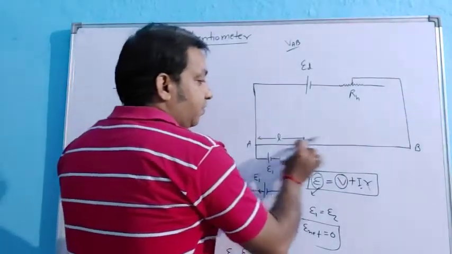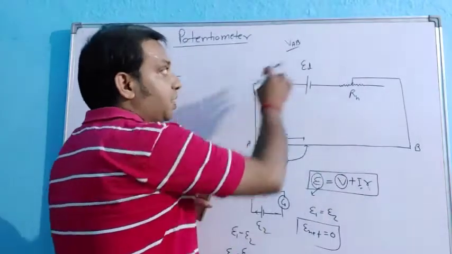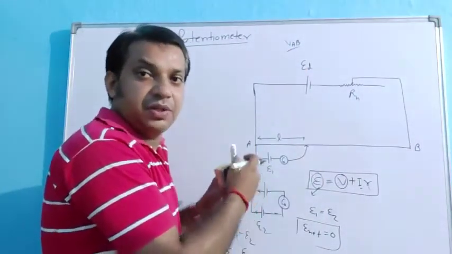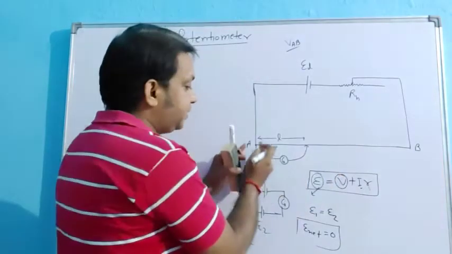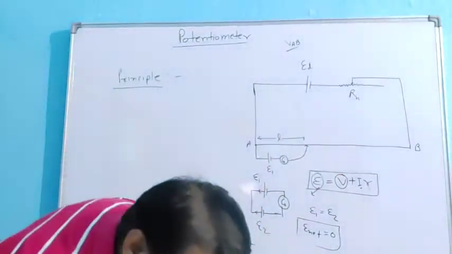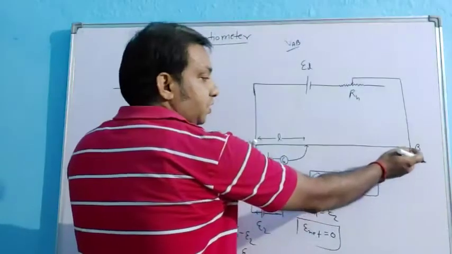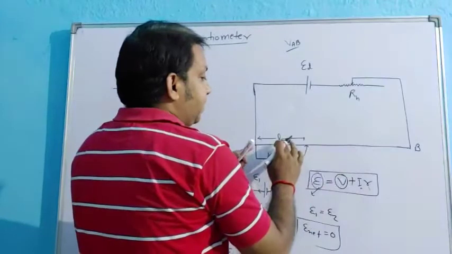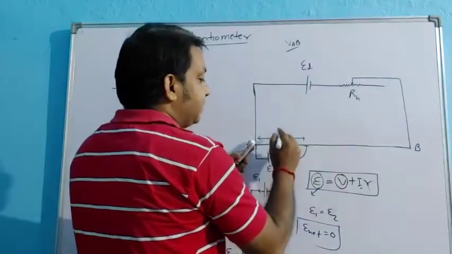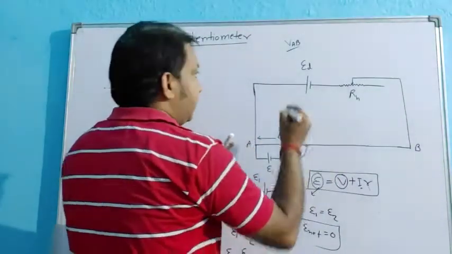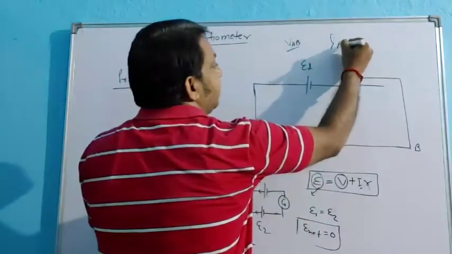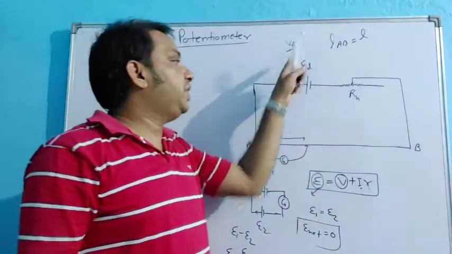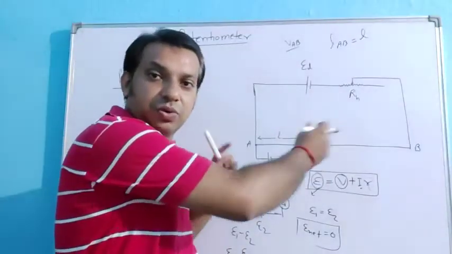Because of this potentiometer wire, there is a potential difference built up, and this potential difference is represented with respect to its length. That means VAB is spread throughout this whole length. Suppose I say the length of this AB wire is capital L. So this VAB is spread out throughout the whole length.